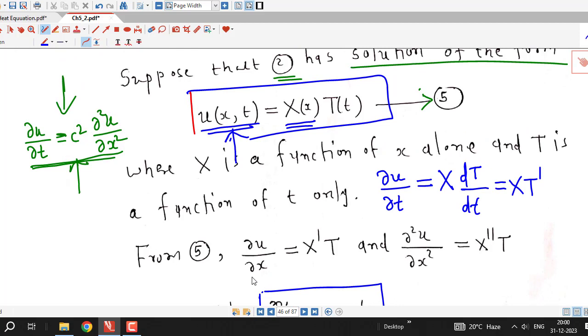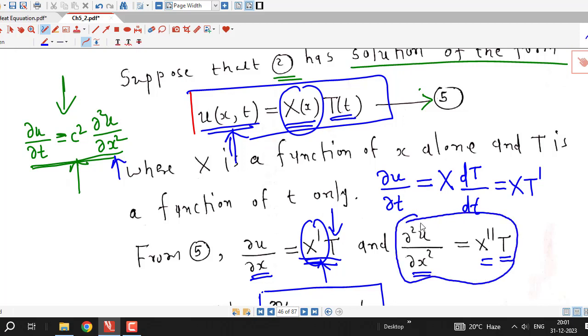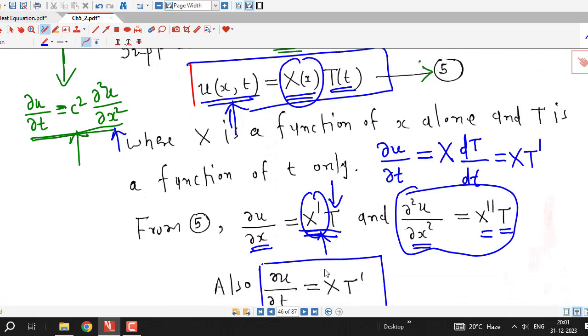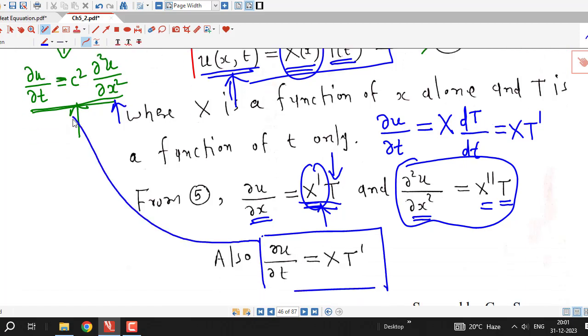Similarly, if we differentiate this partially with respect to x, we consider T as constant. Derivative of X with respect to x is denoted by X dash. But we require second order partial derivative with respect to x. So we again differentiate this with respect to x, considering T as constant and derivative of X dash is X double dash. And then we substitute these two values, del square u by del x square and del u by del t, in this equation.